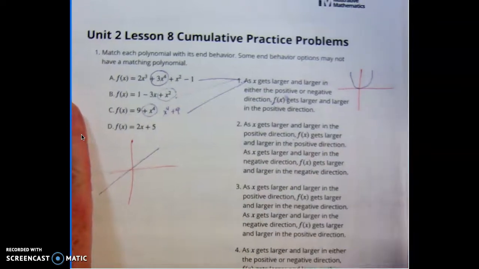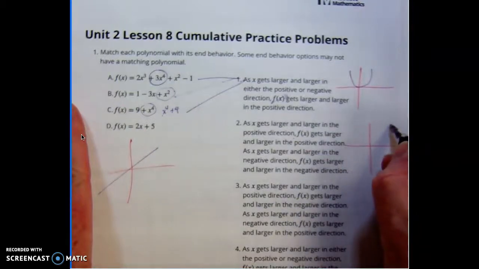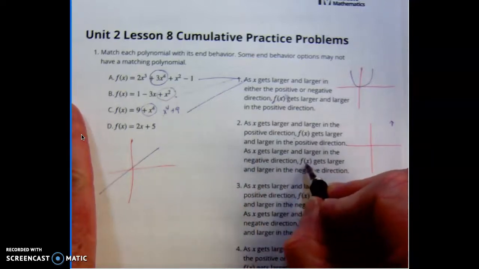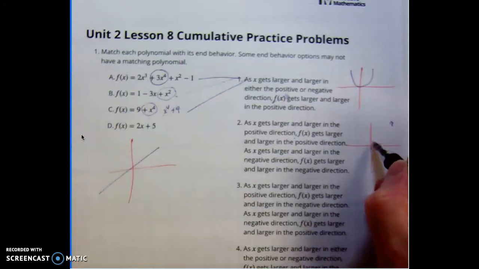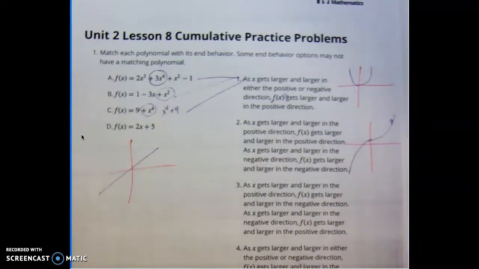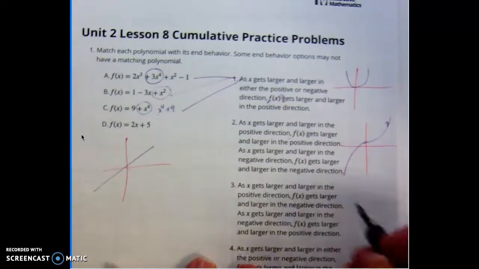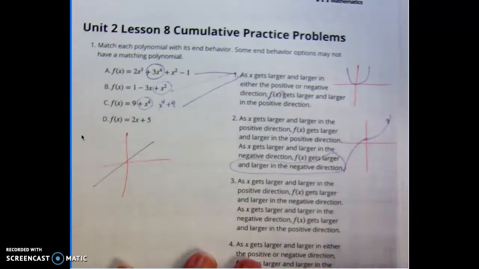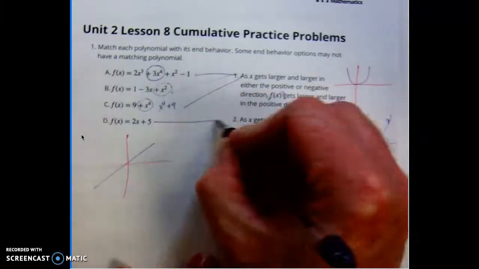So it goes up to the right. As x gets larger in the negative direction, f of x gets larger in the negative direction. So that means this is going to look like that, and that's exactly what we want. Now we have to be careful with this larger in the negative direction. That means it's going to go down more. So it looks like we're after 2 for that one.